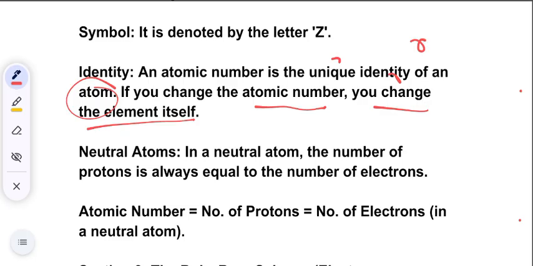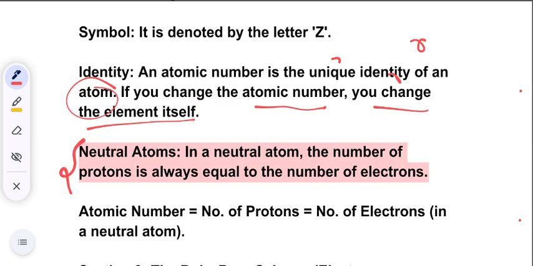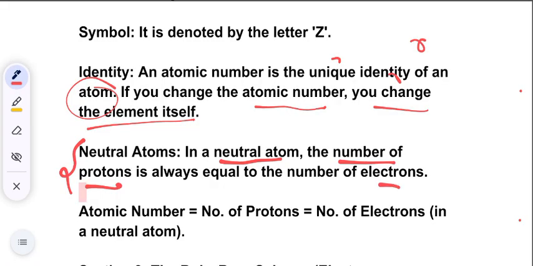Now our next topic is the neutral atom. What is a neutral atom? The number of protons is always equal to the number of electrons. In normal atoms the number of protons and electrons may not be equal, but neutral atoms are a special kind of atom.